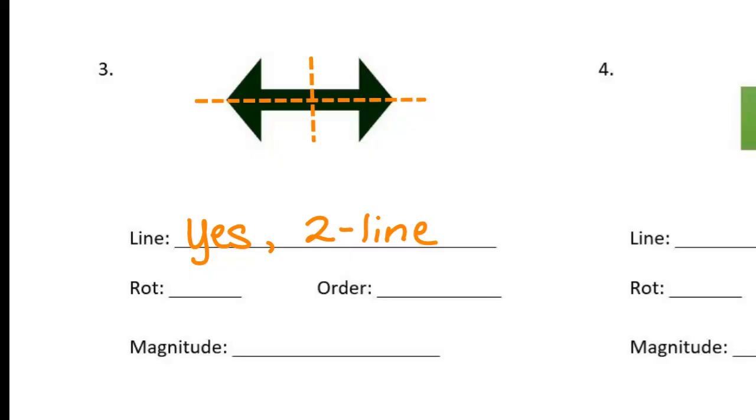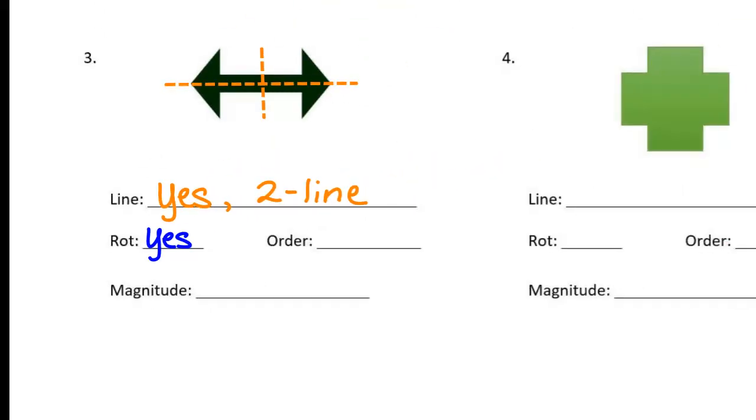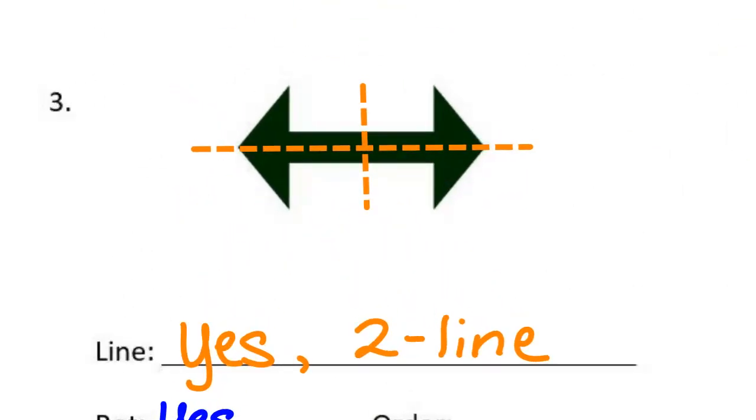Do we have rotational symmetry here? Yes, we do have rotational symmetry. So I need to count how many places I can stop, and it matches up perfectly as we go around this shape. So I'm going to do, that doesn't show up very well. Let's try this. There we go.